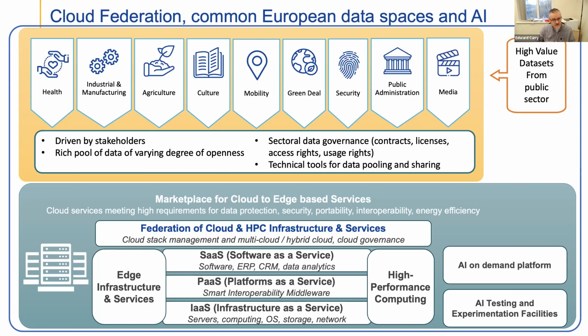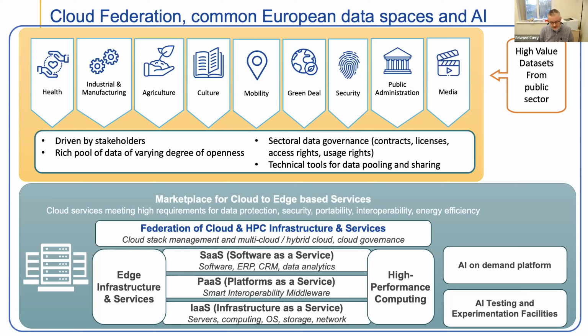And then using that large scale data, we can ensure that it's representative, that it's fair, that it's transparent, and then we can start to build AI systems on top of those data spaces. So this is quite forward looking, I would say, from the point of view of the Commission. And this is very much an ongoing work.